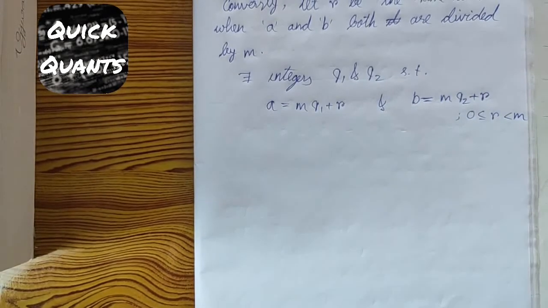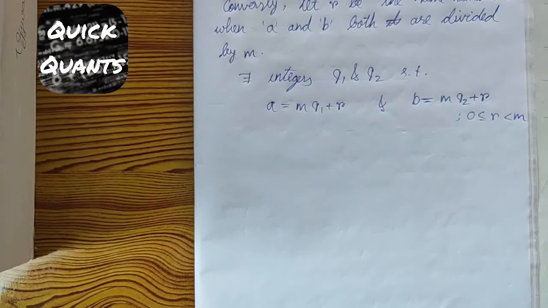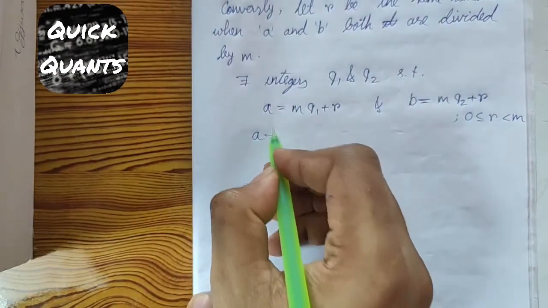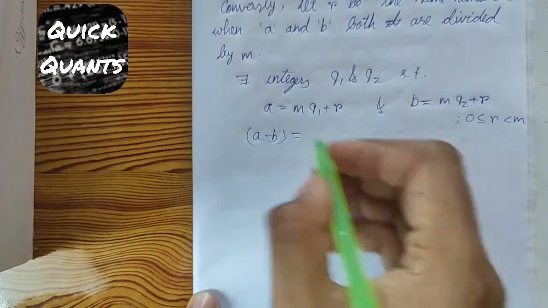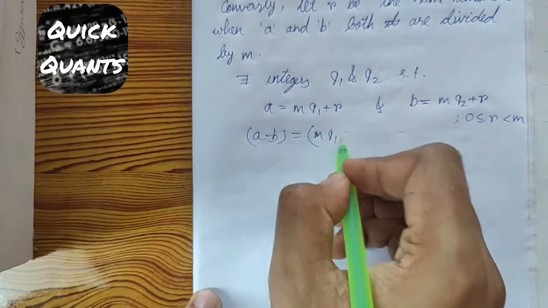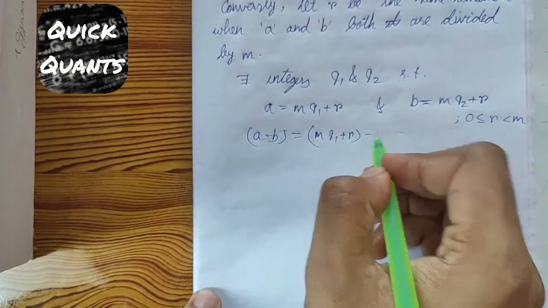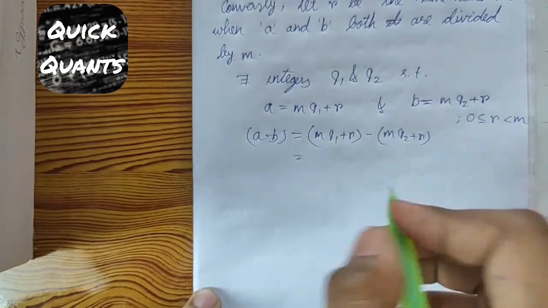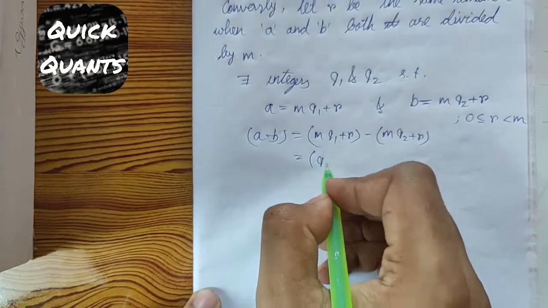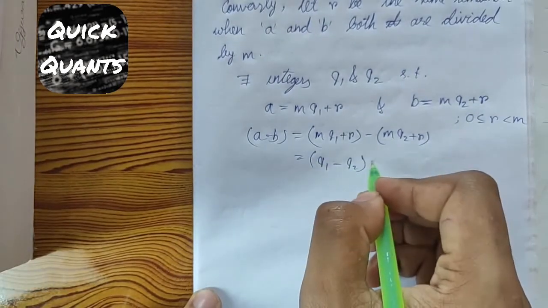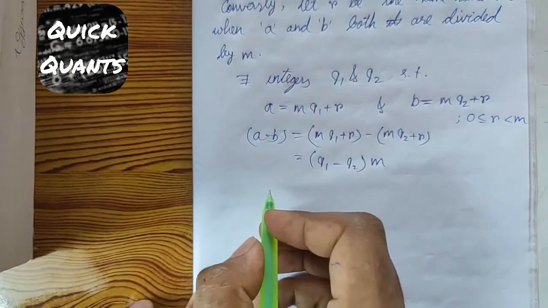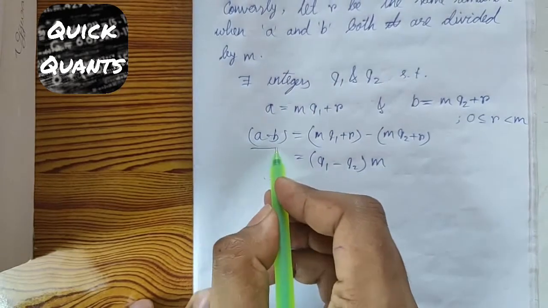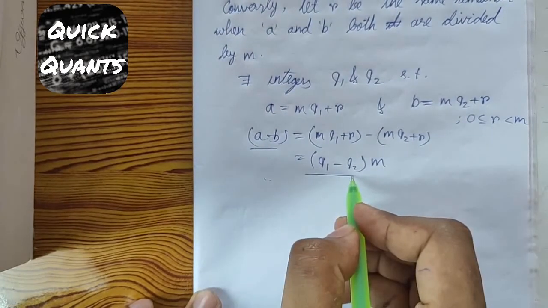Now to prove that a is congruent to b mod m, we subtract b from a. So now a minus b becomes, what is a? A is m q1 plus r and b is m q2 plus r. So r will cancel each other and it becomes (q1 minus q2) into m. So what we see is that this is an integer, this is also an integer.